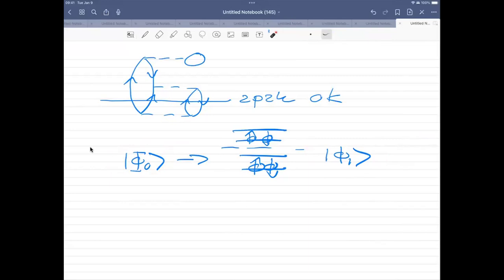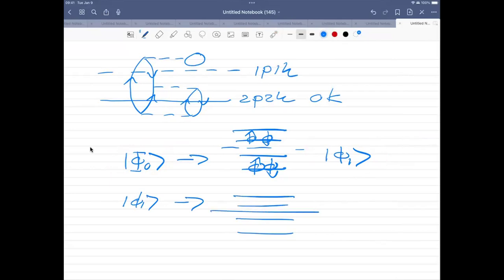However, when we now come to the next interaction vertex, what we are producing here is actually a one particle, one hole excitation. That means that the phi1, which we put up here, would now go over to a state which could look like this.